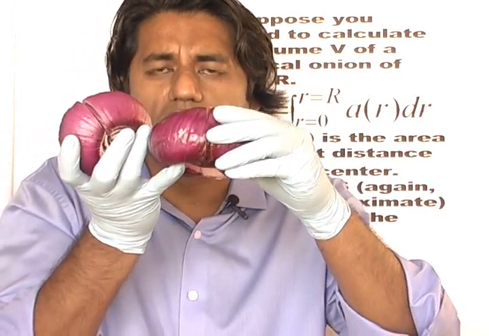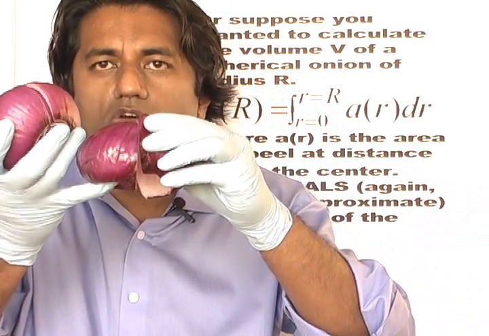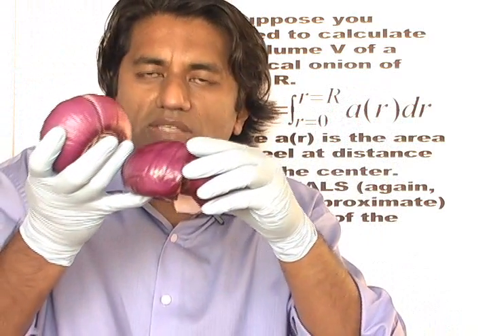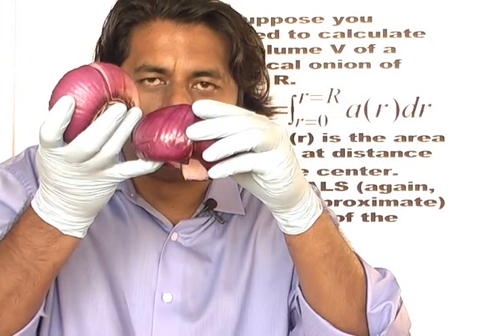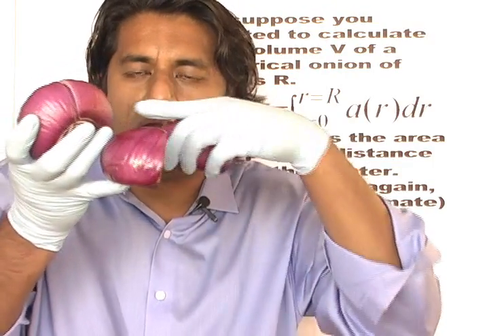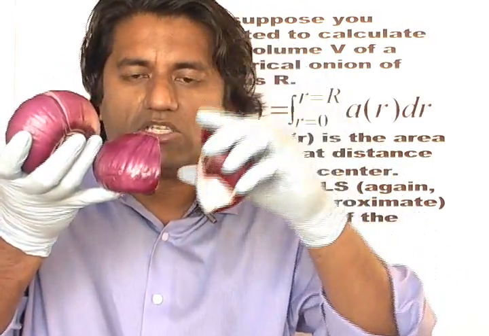So this outer sphere is hollow inside, and it encloses the smaller inner sphere. This is a solid sphere, this is a hollow sphere. This hollow sphere encloses this solid sphere, and the volume of this hollow sphere is the surface area multiplied by its thickness, which is dr, the radius change.